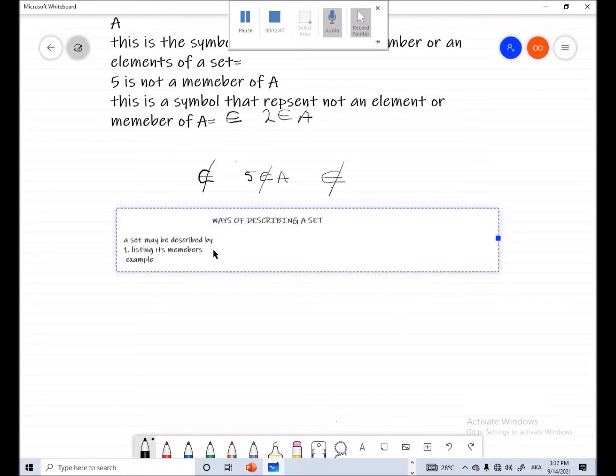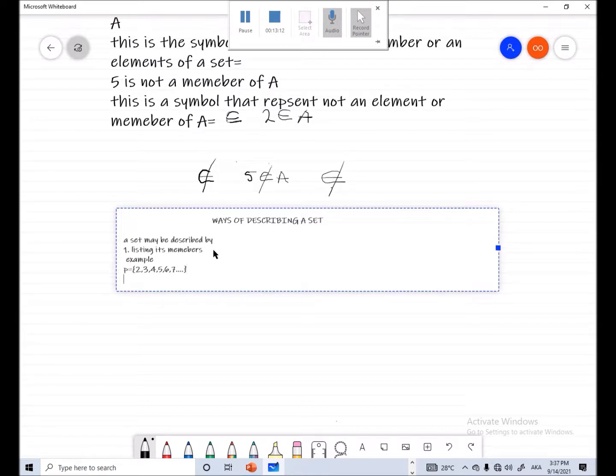Let's say for example, we can say that P equals, you know how to write sets, bring in your braces, 2, 3, 4, 5, 6, 7, and then you can end it there.